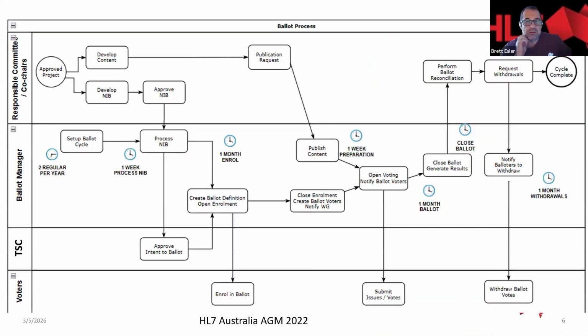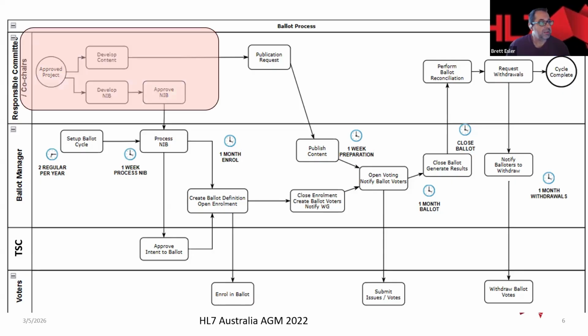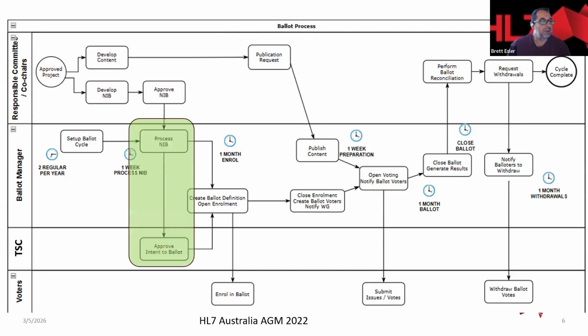So to give an idea of the overall process, the main initial part of the process is to develop the content. And once that content's essentially heading towards a release, the committees can submit a notice of intent to ballot, or a NIB. That goes to the ballot manager. The ballot manager will then pass that on to the technical steering committee.